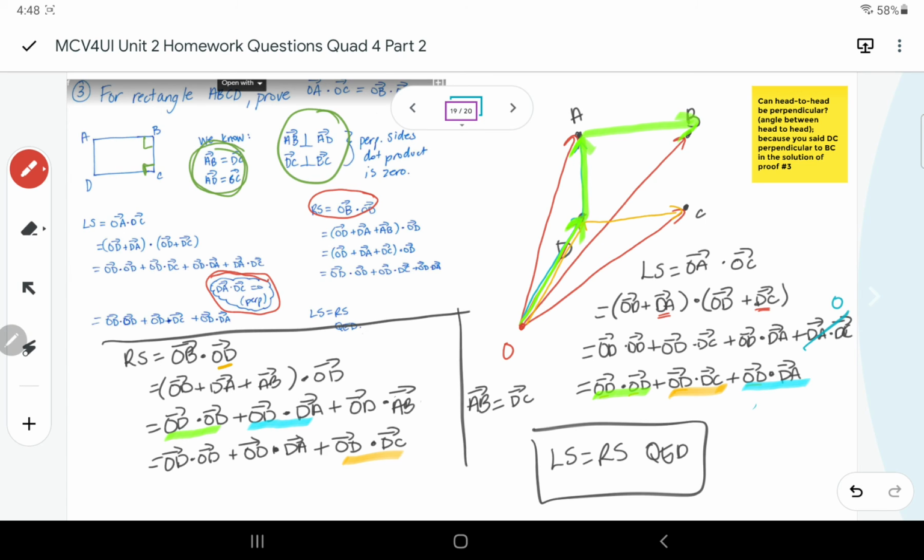I'll do it up in that top left because I'm running out of space here. If you'd drawn O in the middle, then you could still do OB is OD plus DA plus AB. It is still equal to that, but I think it's harder to see.